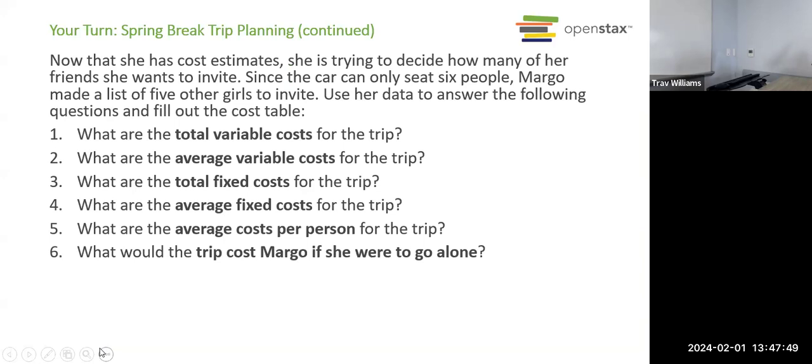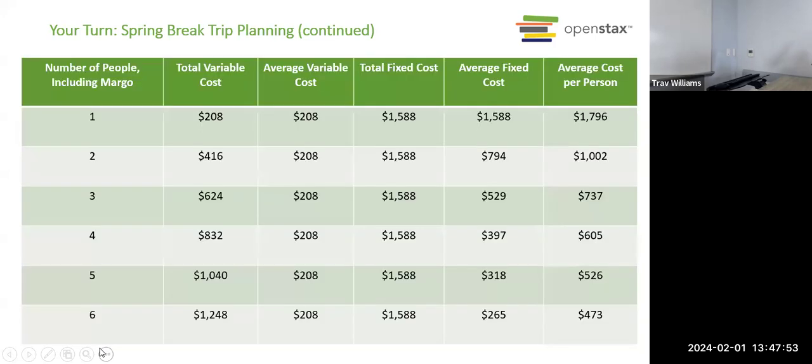And what would the average cost per person be? I skipped that one. The average cost per person comes out to $473. So you see that's a lot better for everybody than if anybody went by themselves. And if Margot did go by herself, she's looking at $1,800. No wonder she wants to invite as many friends as she can, right? Okay. Any questions or comments?